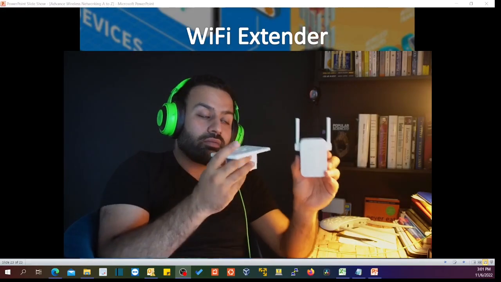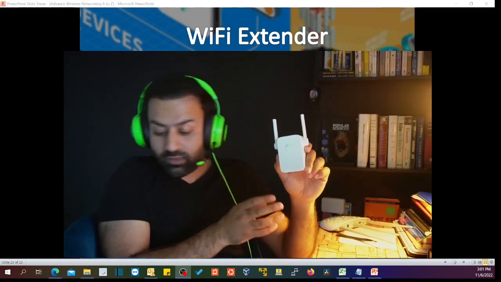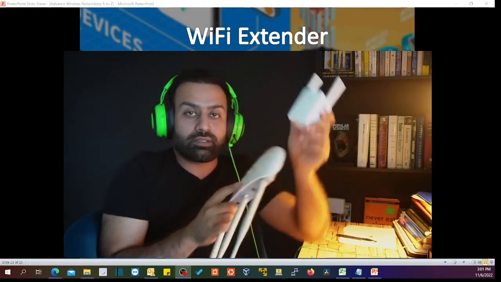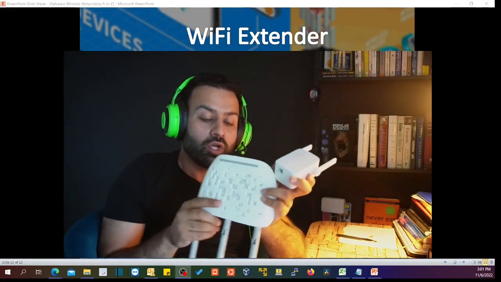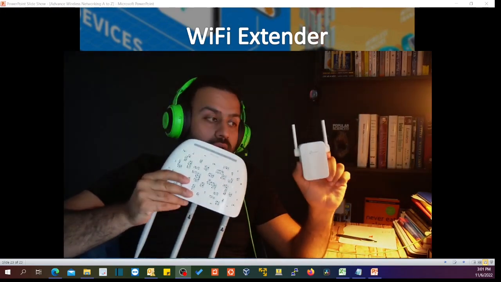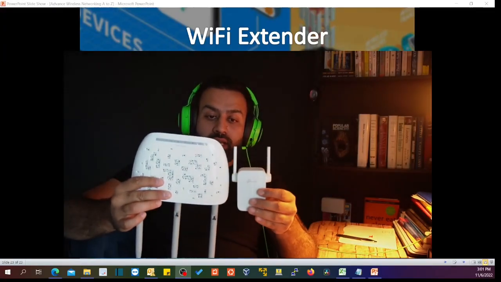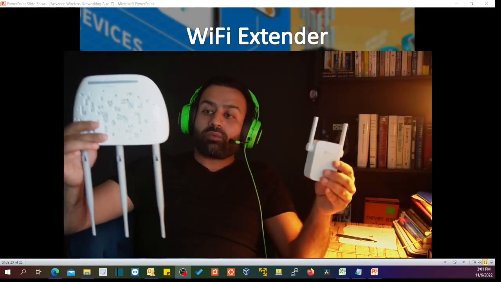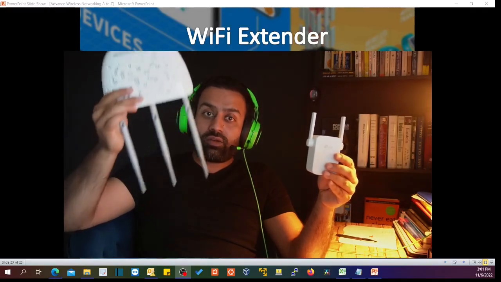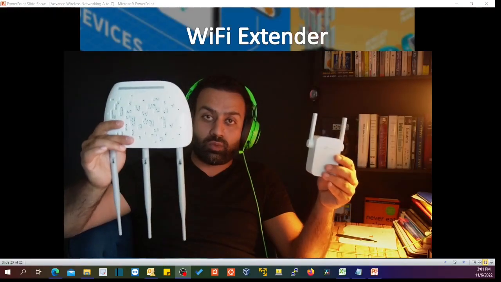We need to configure the wireless extender, and this is very important. I do have a wireless router here as well, but it's a bit far, so I didn't want to get out of the camera. Let's say this is my wireless router and this is my extender. I didn't mean to get 100% this close, but we want to make sure that 50% of the coverage of this signal overlaps with 50% of the signal of the other.